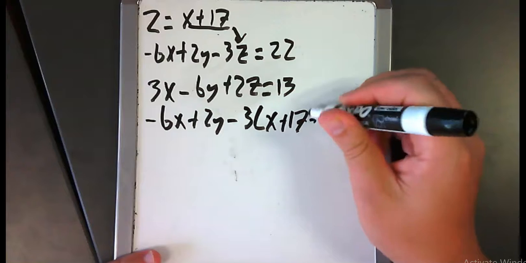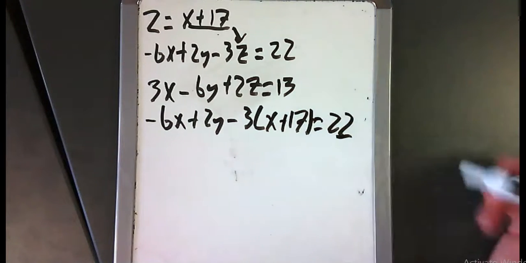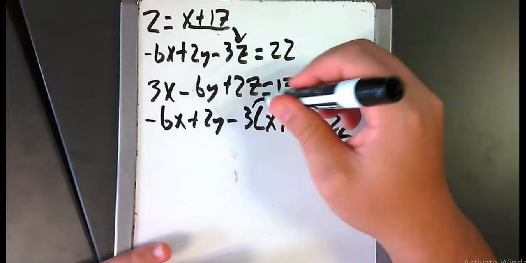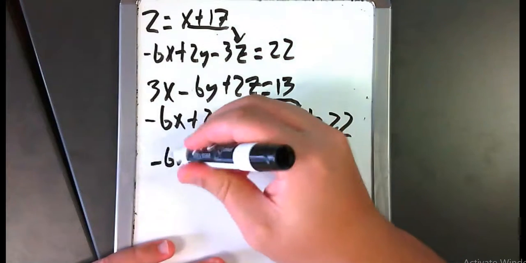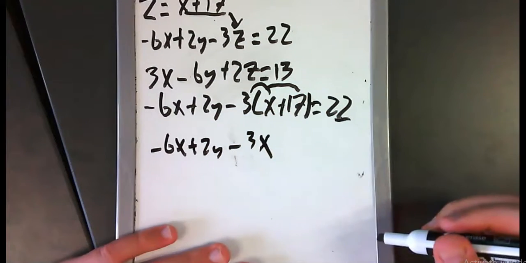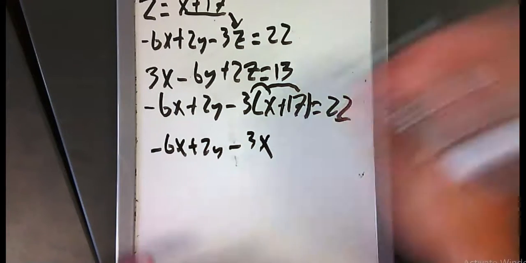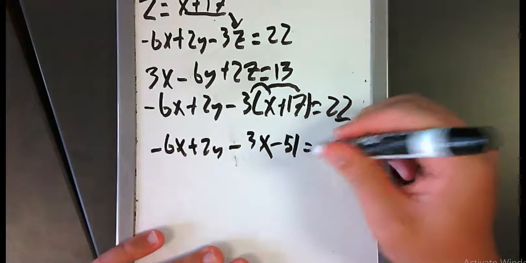So we have negative 6x plus 2y, but instead of z, we're going to write minus 3 times x plus 17 equals 22. What we need to do is distribute our 3 and then combine like terms. So we have negative 6x plus 2y minus 3x plus negative 3 times 17, which is negative 51, equals 22.